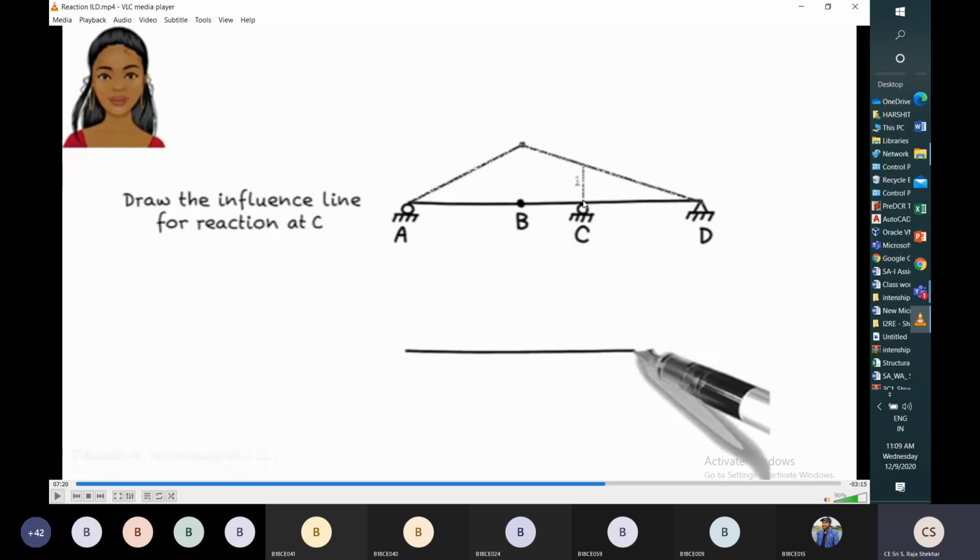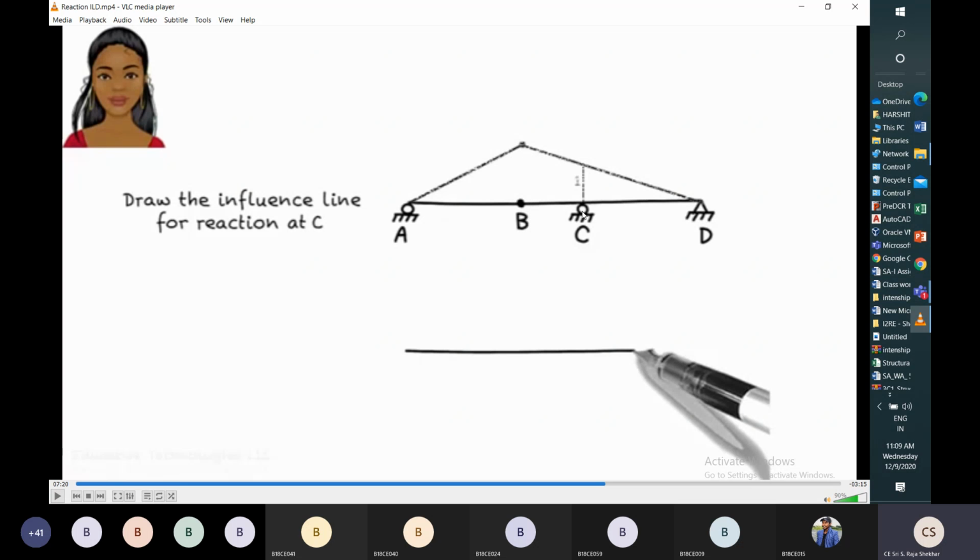We have to apply unit upward force at C. This is the deformed shape. We know this as unity, so we need to calculate the ordinate at B. How to calculate the ordinate at B? From these two similar triangles, we can calculate this ordinate.